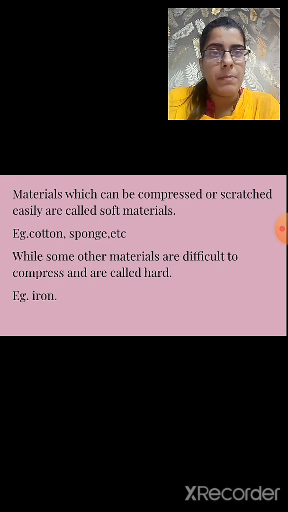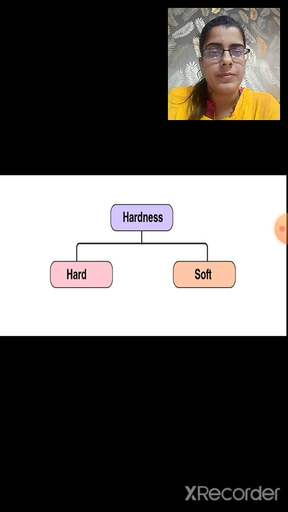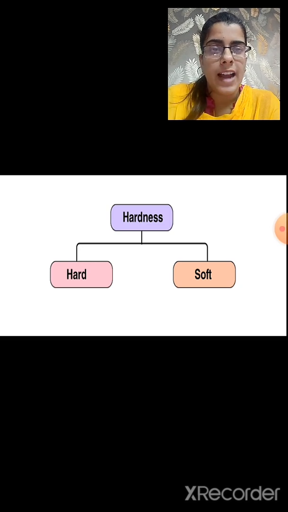Are you able to compress them with your hands? No. So, based on the hardness, materials are classified into two types, hard and soft. The materials which cannot easily get compressed by our hands are known as hard materials, while the materials which can easily be compressed or scratched are known as soft materials.